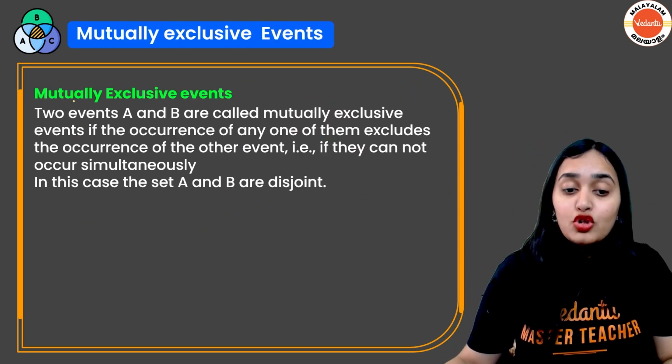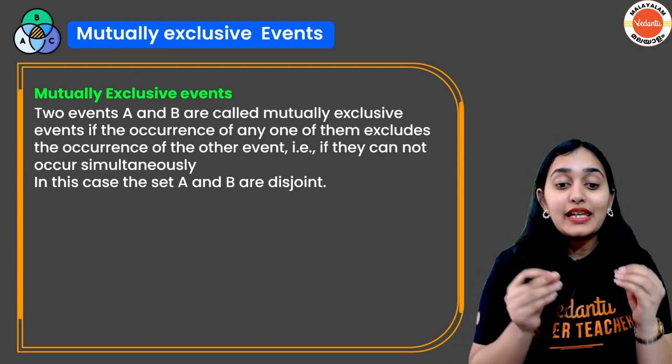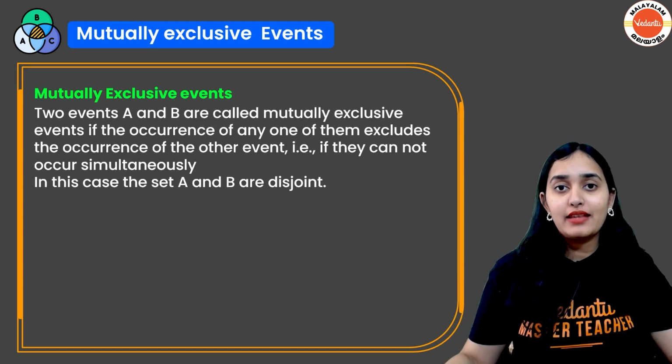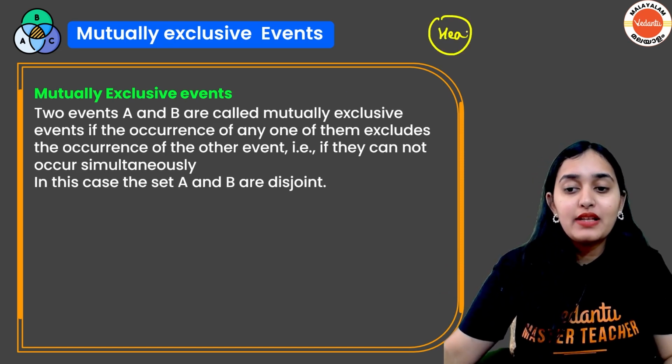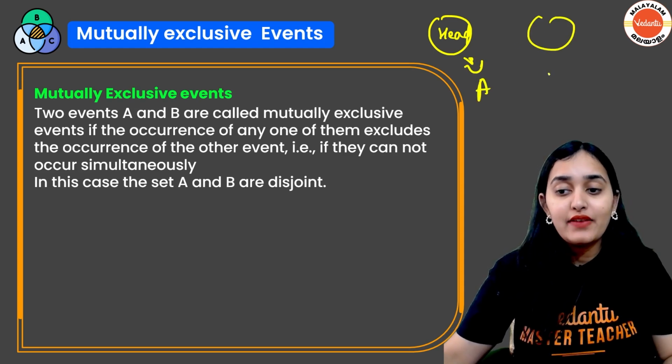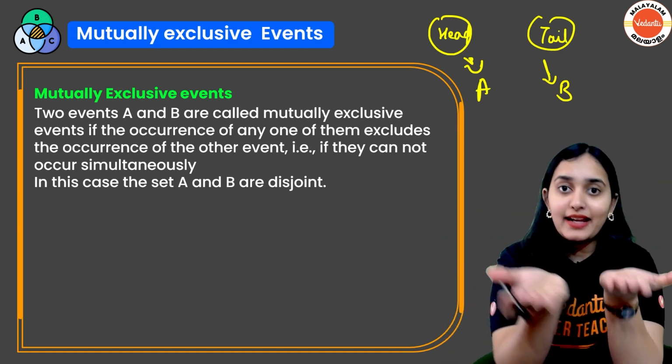Next you have mutually exclusive events. Now mutually exclusive events are the events that cannot happen together. For example, a very simple example is, suppose I say event A is getting a head of a coin, event B is getting a tail of a coin. You are tossing a coin. Is it possible that you get head and tail together?